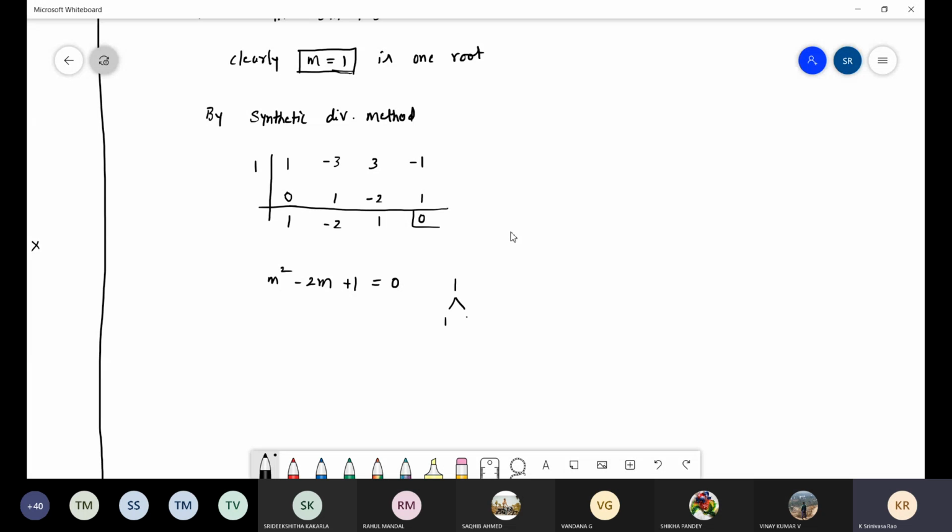Minus 1 into minus 1 is plus 1, minus 1 minus 1 is minus 2. Therefore, m equals plus 1, plus 1. This is only two roots.